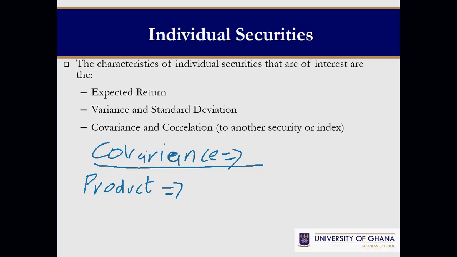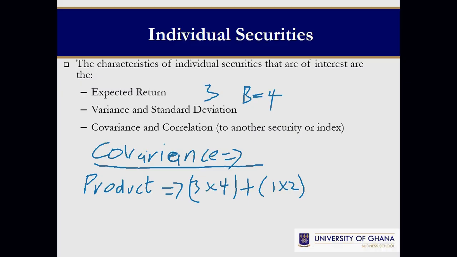So if, let's say, the deviation for stock is 3, and the deviation for bond is, let's say, 4, so 3 times 4 for the first part, plus, if the second set was, let's say, 1 times 2, the same thing.